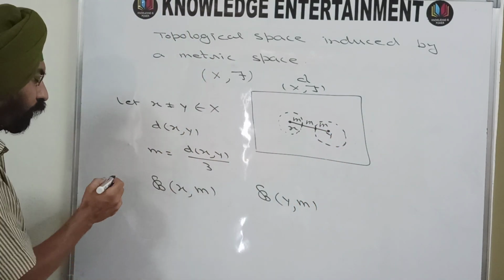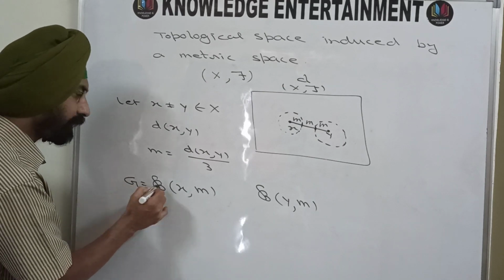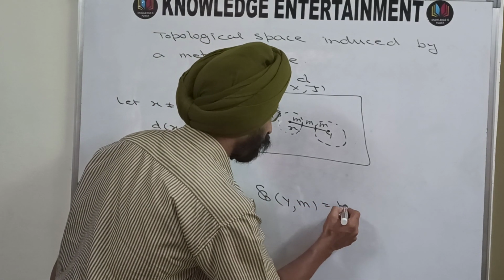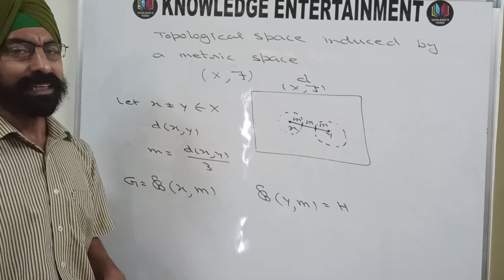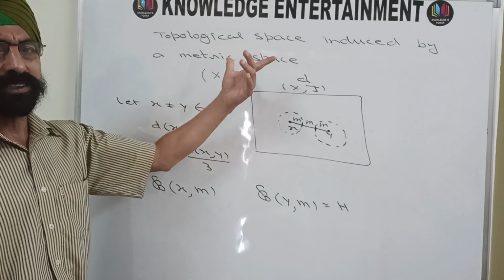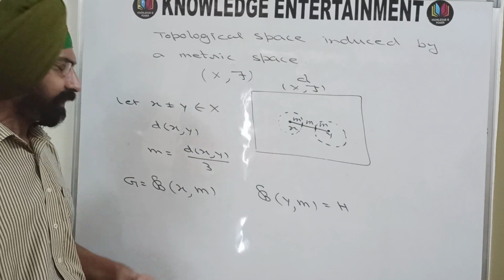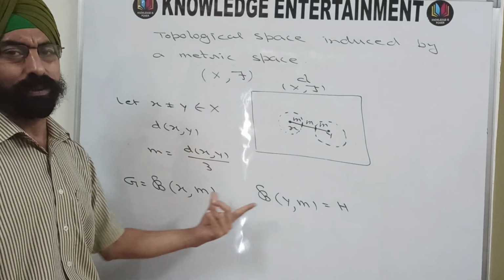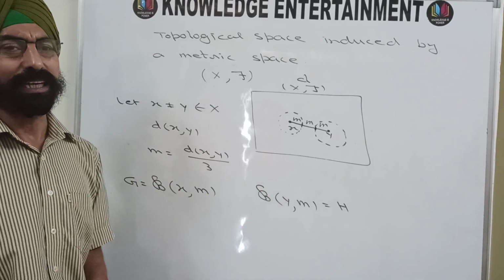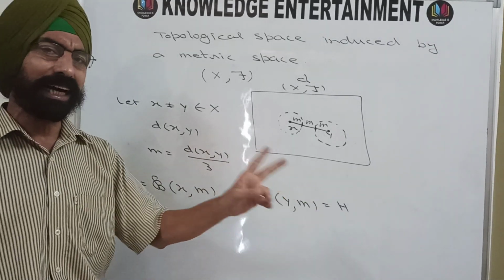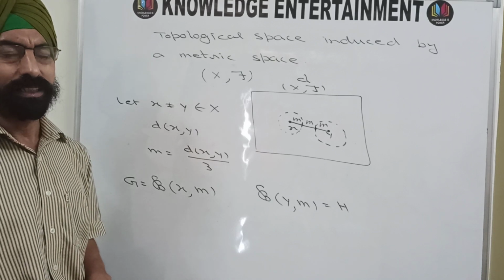Name this open ball as G and name this open ball as H. We know very well that in a topological space induced by a metric space, every open ball is an open set. So G is an open set as well as H is an open set. So G and H are two open sets.